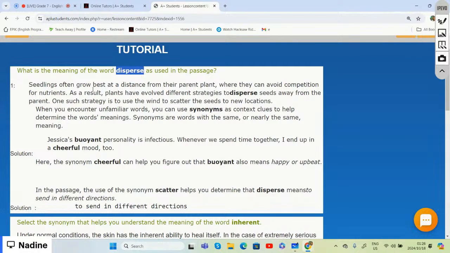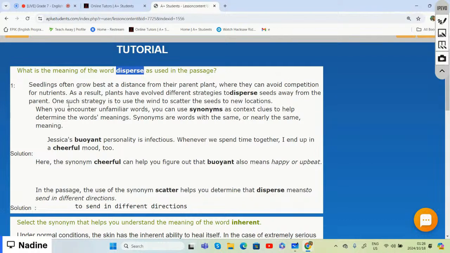As a result, plants have evolved different strategies to disperse seeds away from the parent. One such strategy is to use the wind to scatter the seeds to new locations.